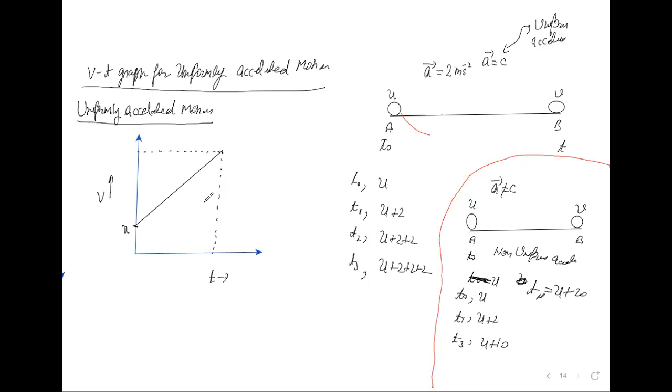Now students, the perpendicular on the time axis represents the time interval, represented by t, and along the velocity axis, this is the magnitude of the final velocity. So from top to bottom it is the final velocity, and from left to this point it is the time interval. So we will represent it in terms of A, B, and O.